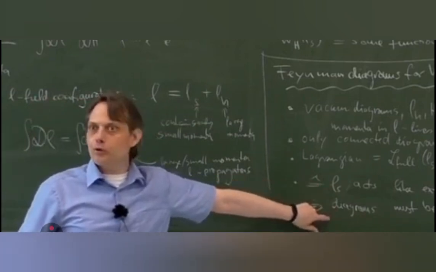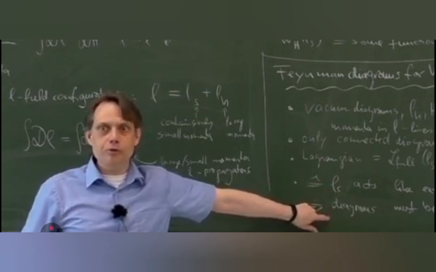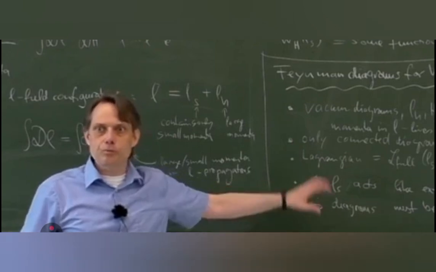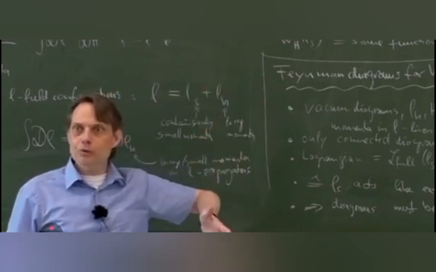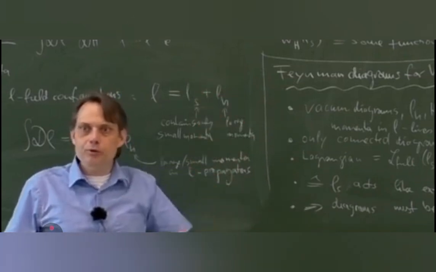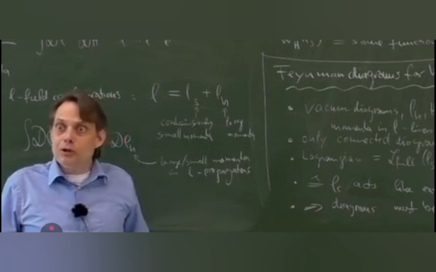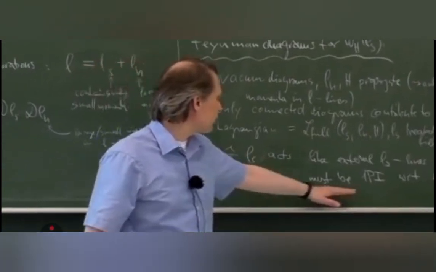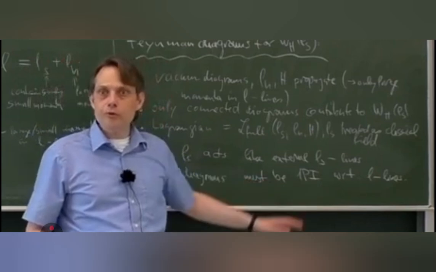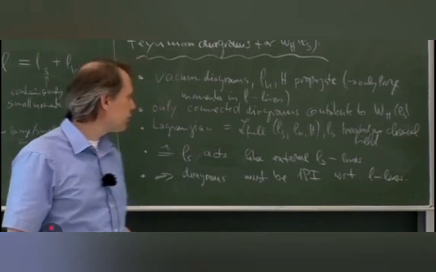Then momentum cannot be conserved in such a disconnected piece of a diagram. Many soft momenta flow in. You have cut one hard momentum. There the soft momenta cannot flow out. Therefore, the diagram cannot be cut by cutting a light line, and therefore the diagrams must be one particle irreducible with respect to the light lines.